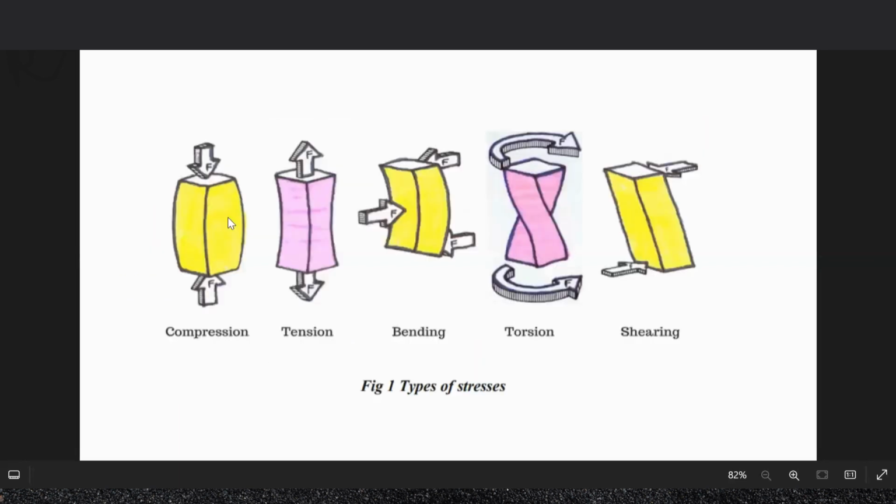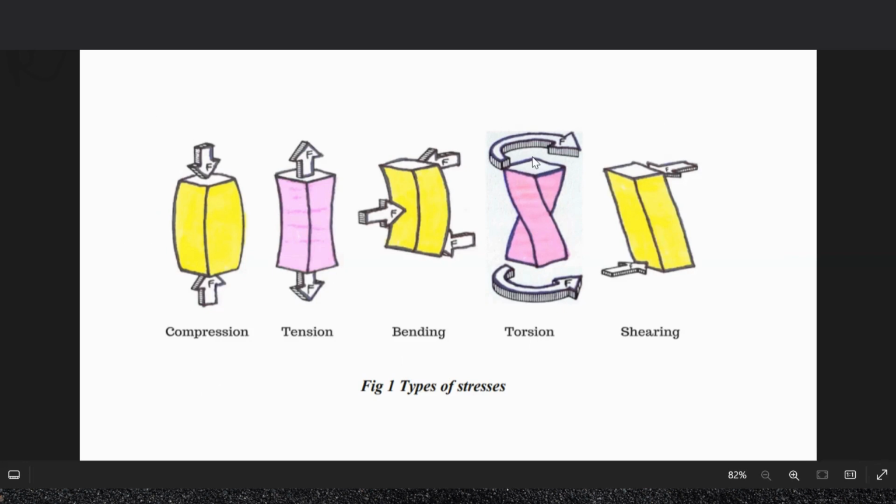Now you can see what is compression. Compression means the load is coming from both sides and compressing something. Tension means you are stretching something. Bending means some load is coming and your structure is going to bend in an arc shape.